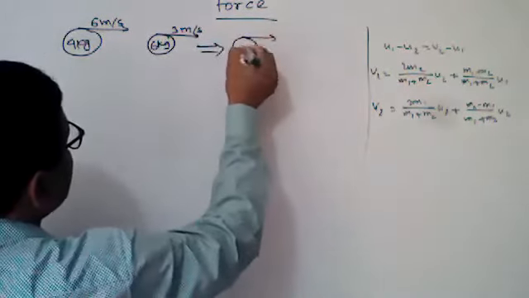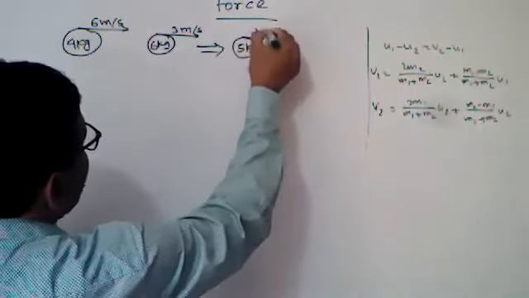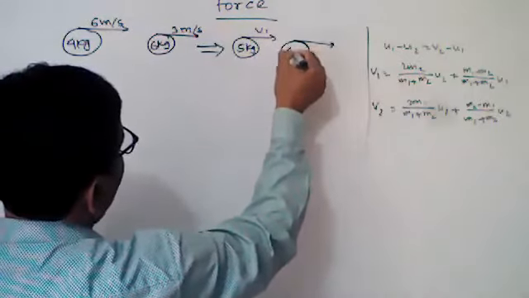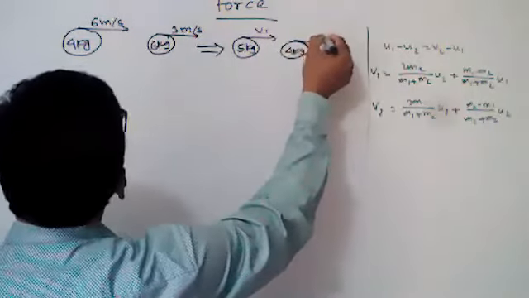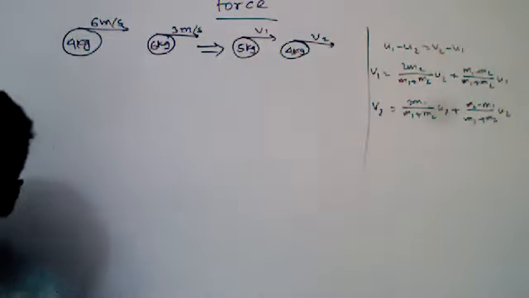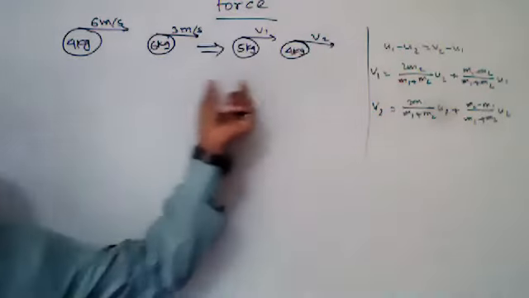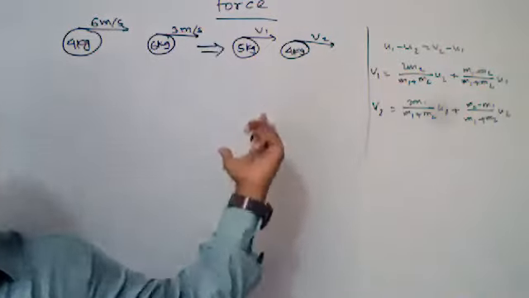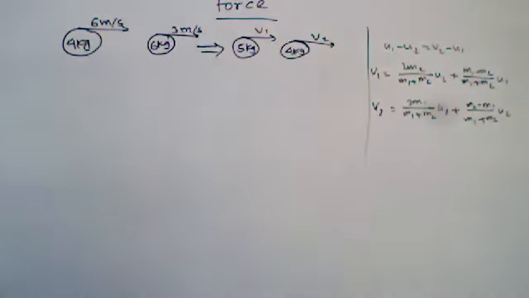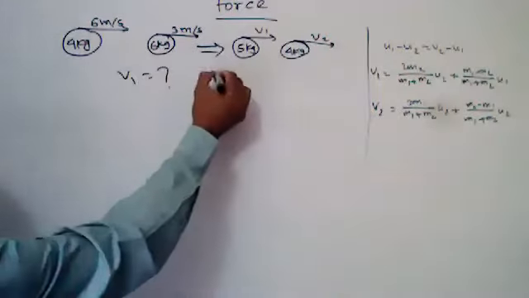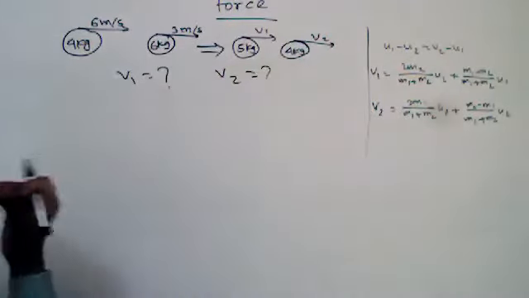Suppose it is 5 kilogram and B1, and this is 4 kilogram and this is B2. What will be the value of B1 and B2? Mass is changed. We can consider that mass is converted into energy, so some mass is lost or increased.